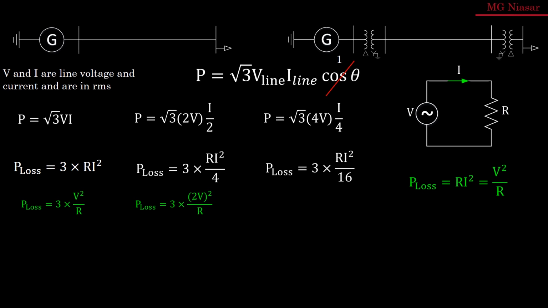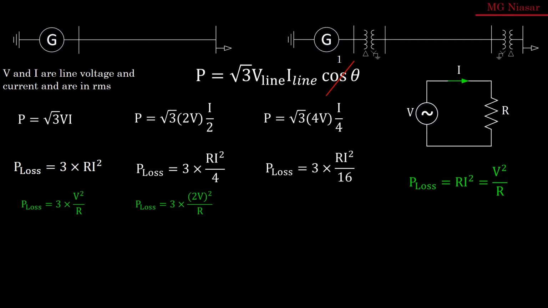The important thing is that when we use this circuit and these formulas, we have voltage directly across this resistor, and in this case we can use this formula. In the problem that we are solving, the voltage is not actually across the transmission line.